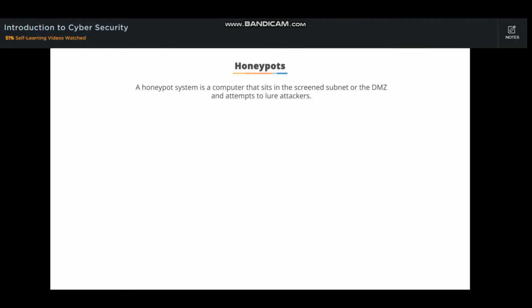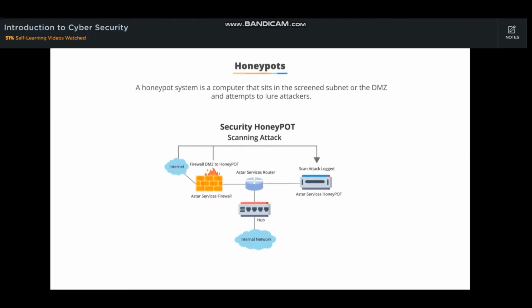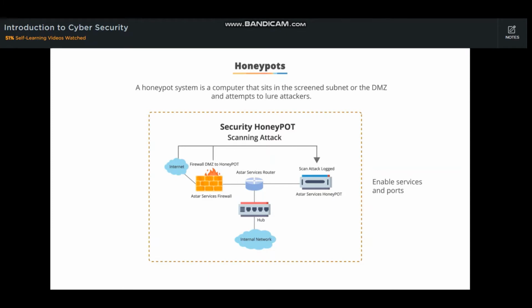A honeypot system is a computer that usually sits in the screened subnet or the DMZ, or demilitarized zone, and attempts to lure attackers to it instead of to the actual production computers. To make a honeypot system lure attackers, administrators may enable services and ports that are popular to exploit.